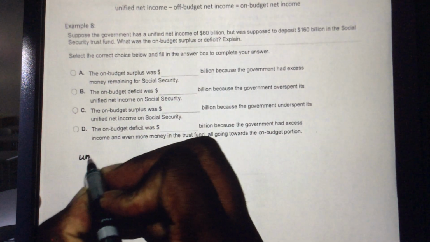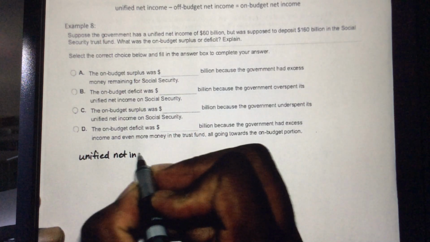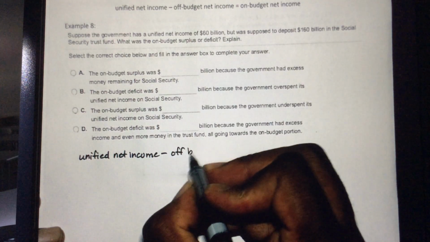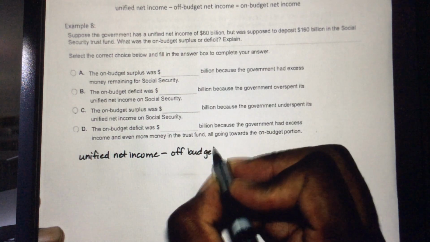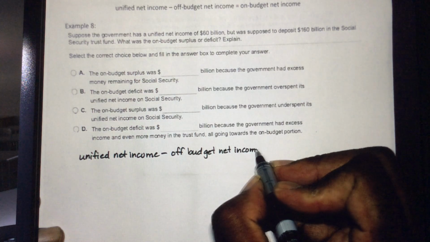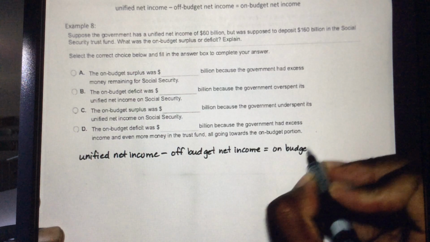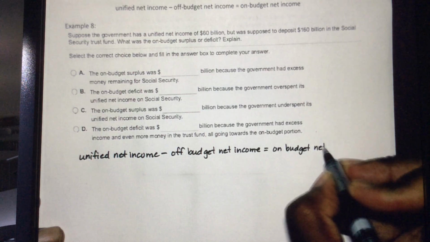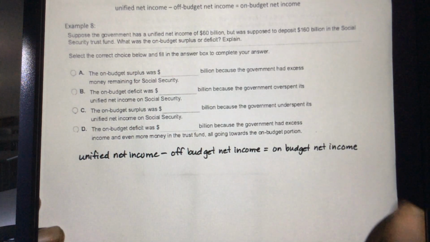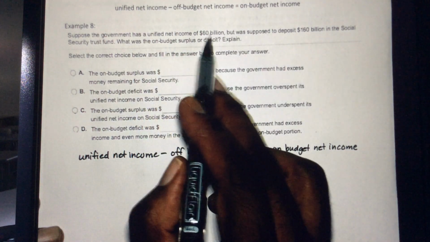Okay, so we're going to use this formula up here. We're going to take our unified net income, subtract from it the off-budget net income, and that's going to be equal to our on-budget net income. Now, the unified net income is right here, $60 billion.